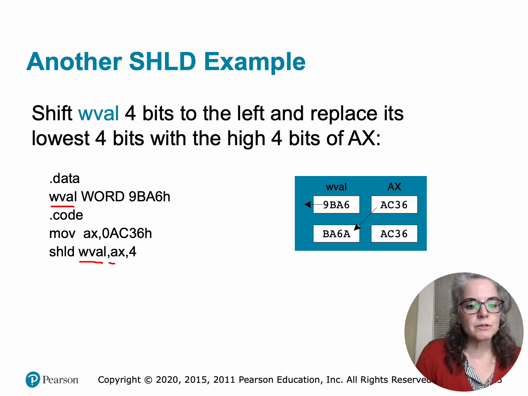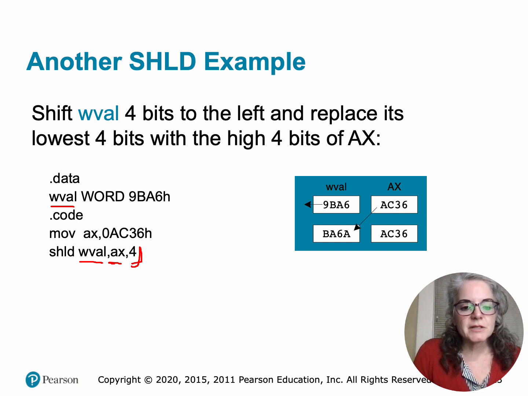So this is our source, AX, and when we do that, WVal is going to have a new value, and we're shifting 4 bits because there's a 4 here at the end. So remember that each hex number is 4 bits. The 9 is 4 bits, so that 9 gets moved or shifted to the left.